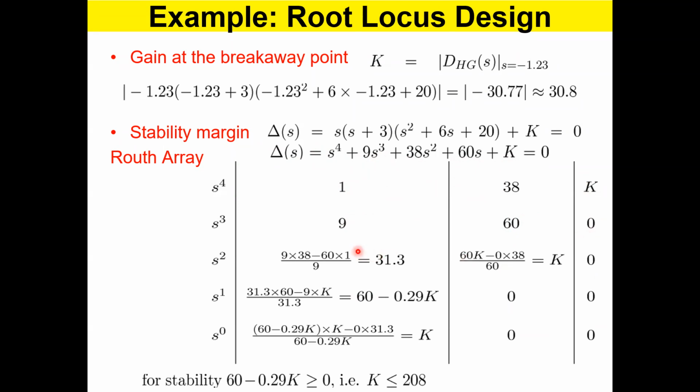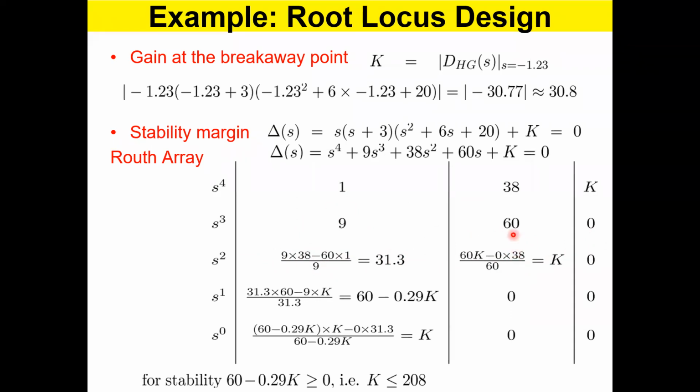And then you go to the third row. You want to fill the third row of the array, right? When you fill the third row, you take the previous rows: 9 times 38 minus 1 times 60, divided by 9. The answer is 31.3. Then you do the same for the next column.